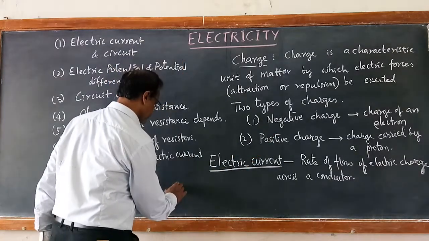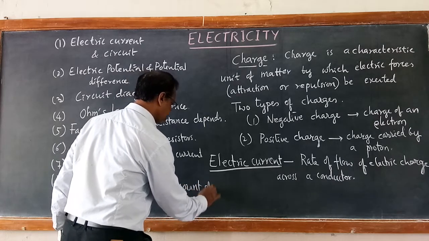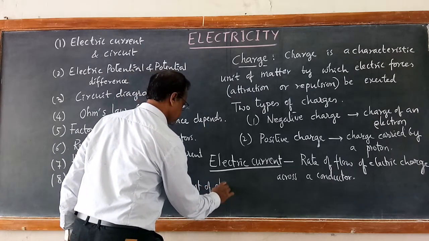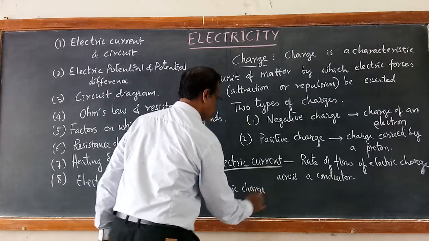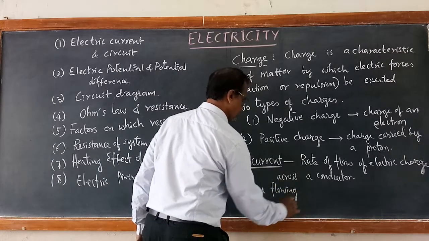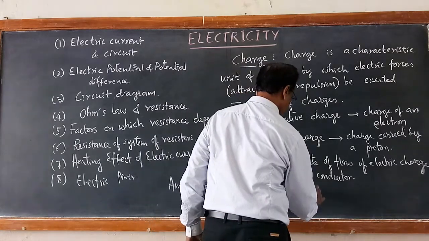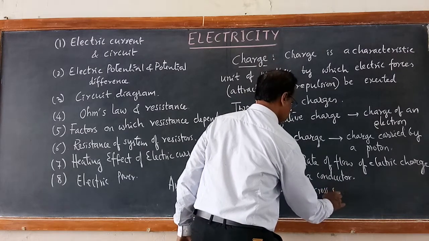So it can also be defined as the amount of electric charge flowing across a cross section area.